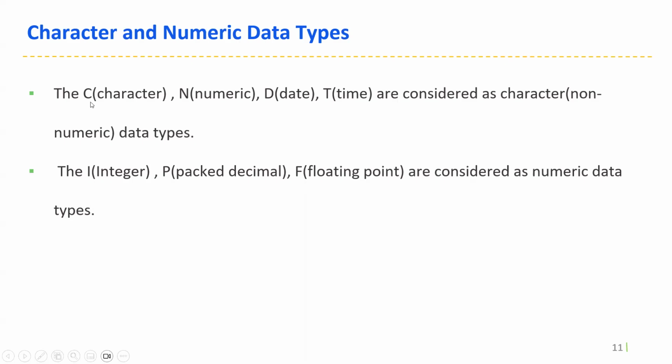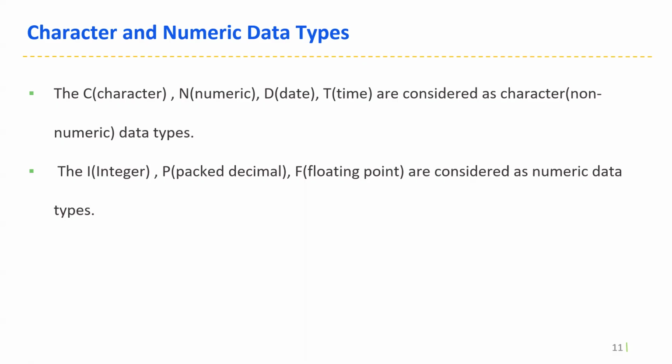I'll explain character, numeric, date, and time with syntax. Before we write a program, always remember, whenever we are learning a new language, first we start from the basics. For example, if you are newly learning English, first we start with alphabets.